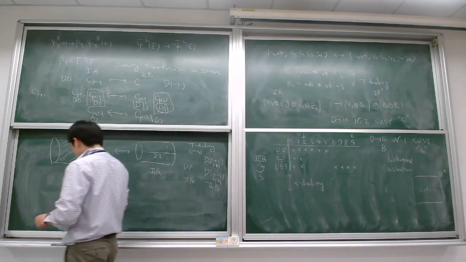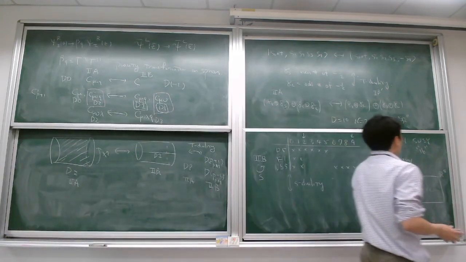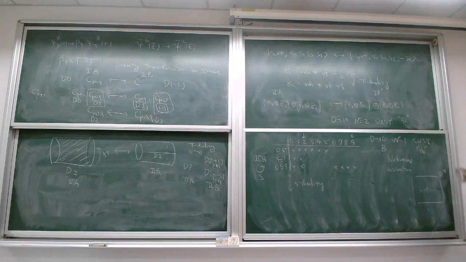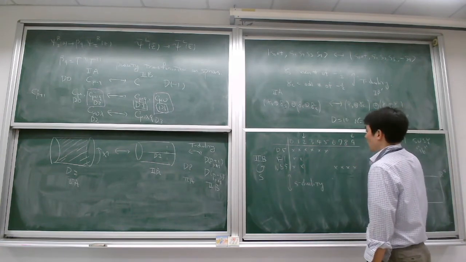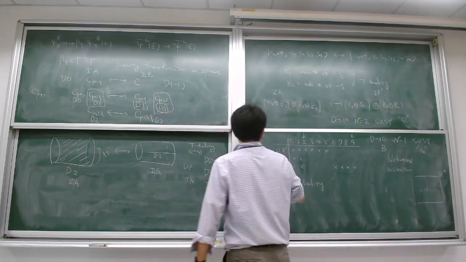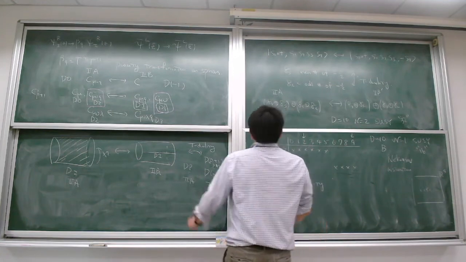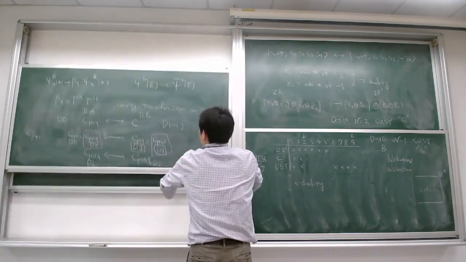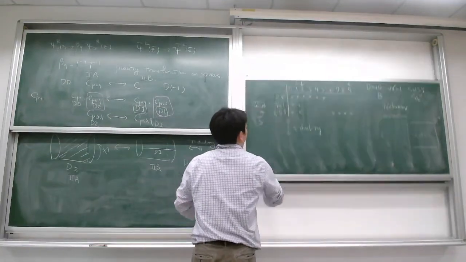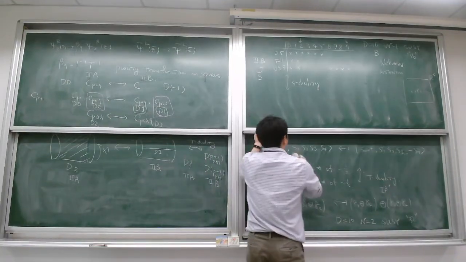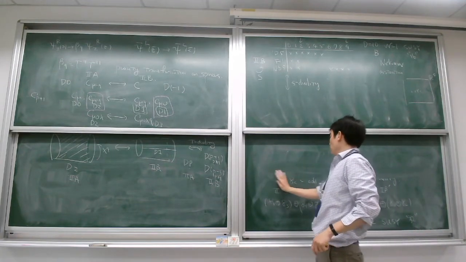Without D-branes, type 2 doesn't have an open string spectrum, but type 1, by introducing the orientifold, you will get the open string too.